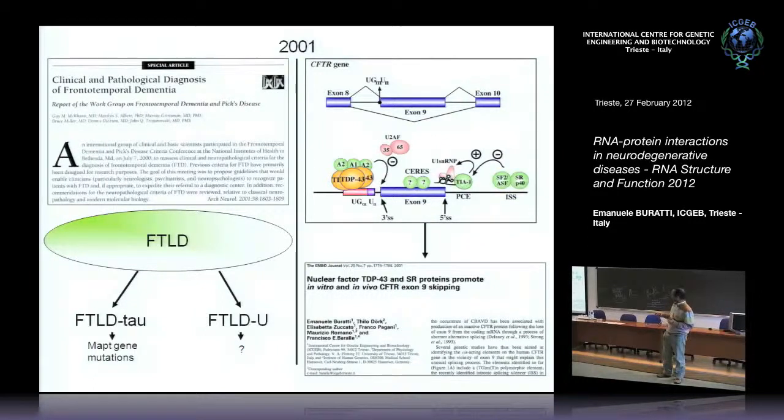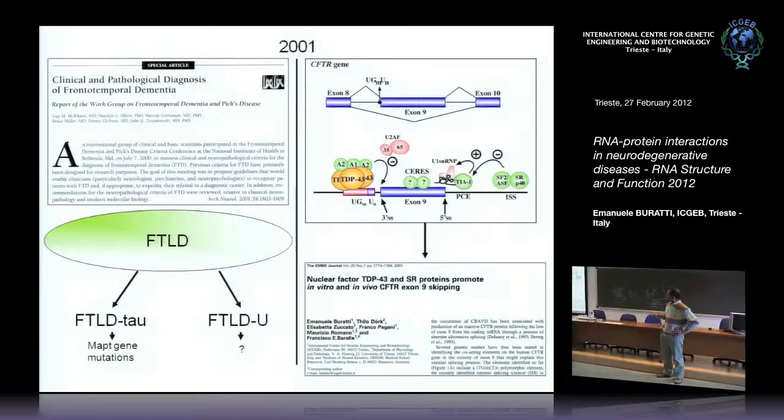Totally unknown to us, in the same year, people who were working in the neurodegeneration field realized that when they started looking at the inclusions that were formed in the brain of patients affected by frontotemporal lobar degeneration, they could divide the patients into two classes.